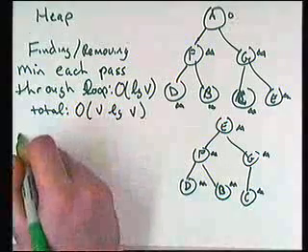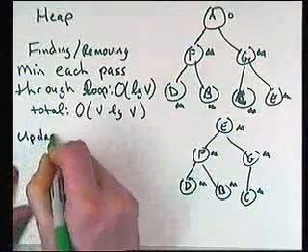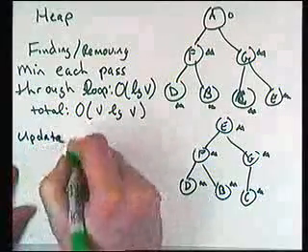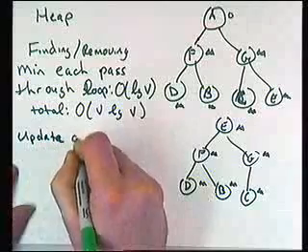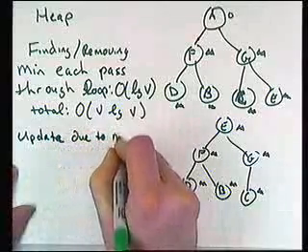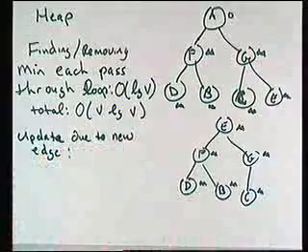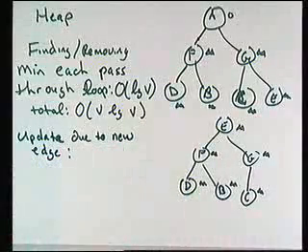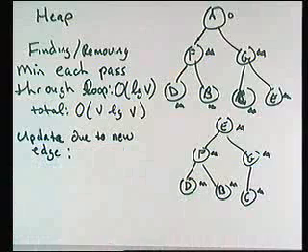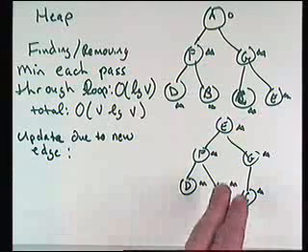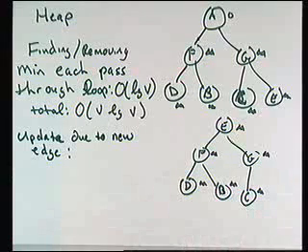Now, here when we talk about the update due to a new edge that we're looking at for the first time, before it was constant time, now it's going to be a little different, because we still need the ability to go from vertex to spot in the heap and vice versa. We need that to be in constant time for this to be accurate.